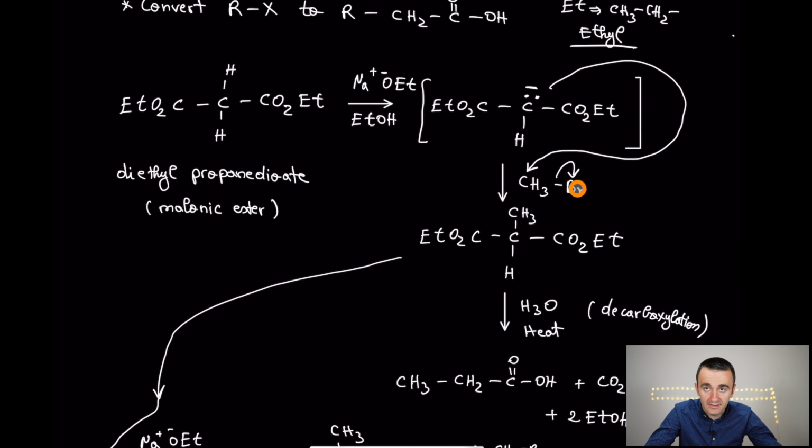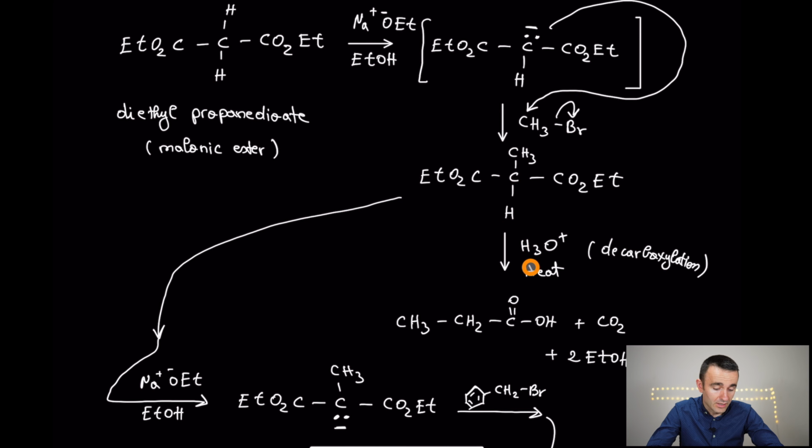Now, in order to remove the ester groups, you're going to do decarboxylation in hot conditions, which is normally carried out with hydrochloric acid. If you want to substitute even this hydrogen, you do not carry out this step first. You do enolation again to remove this hydrogen here, and after that you can add another compound, depending on the synthesis that the professor is giving you in the exam.